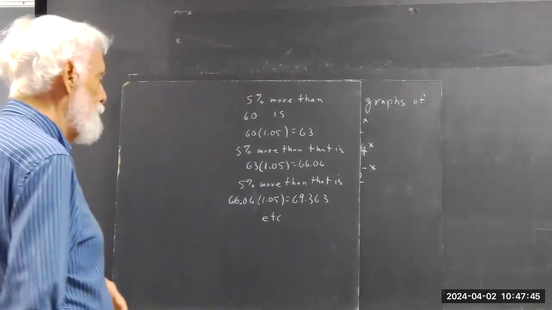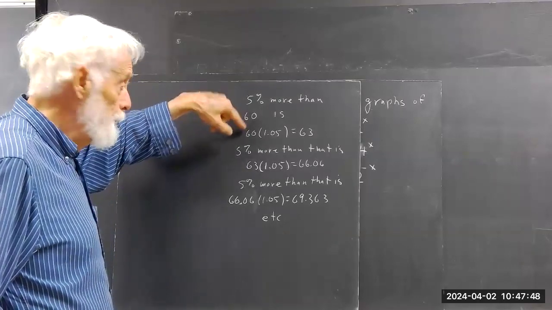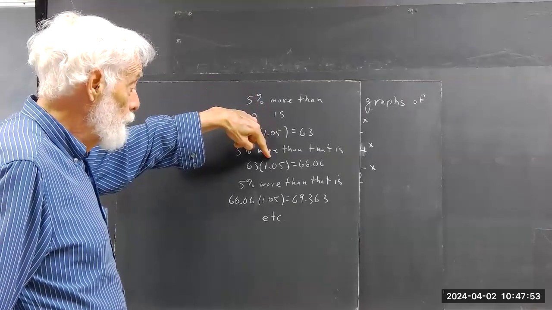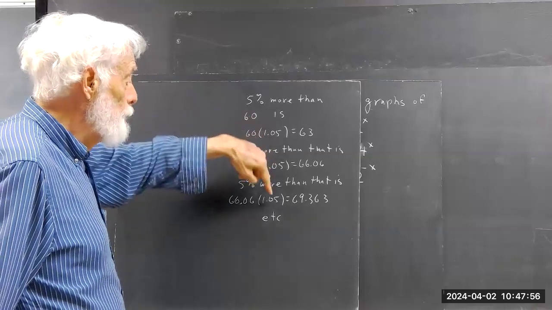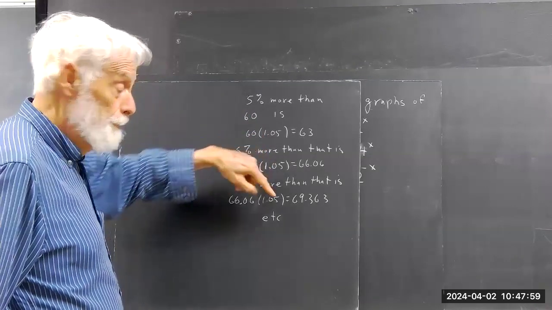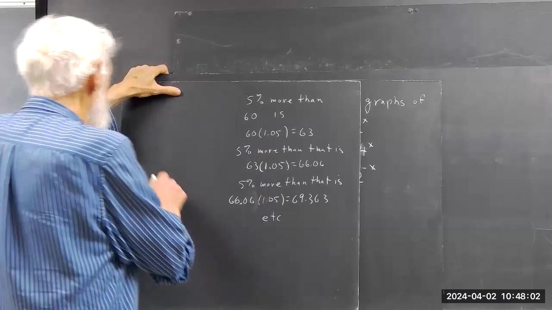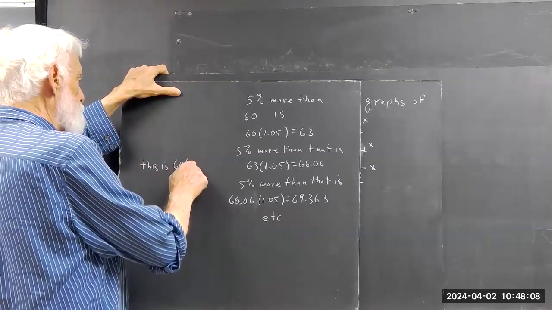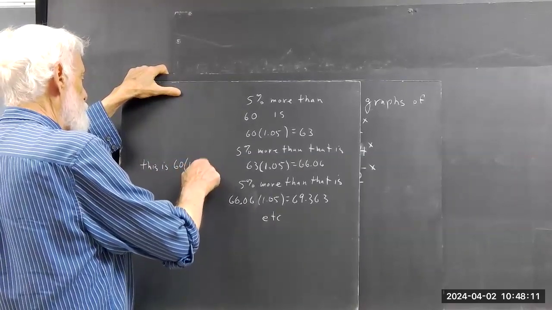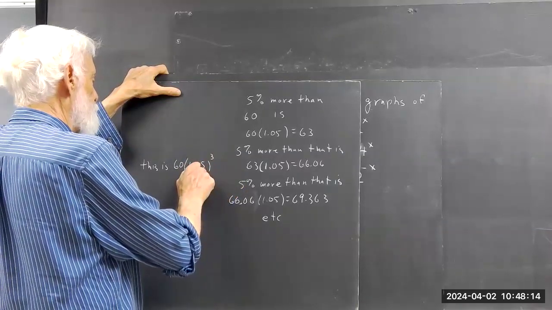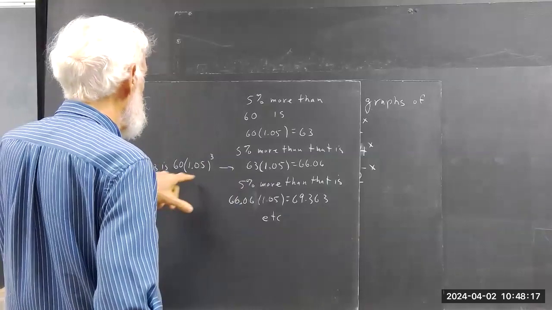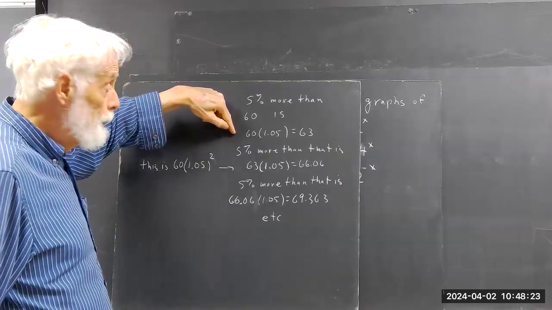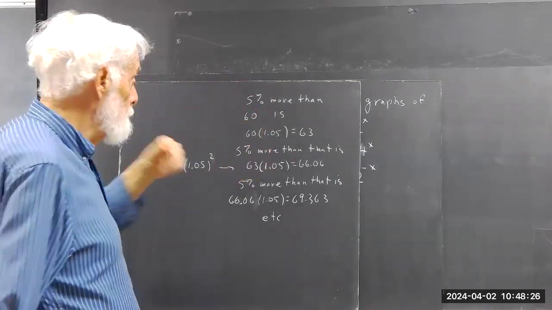Well, at this point, we've taken 60 and multiplied it by 1.05 once, right? And then we multiply by 1.05 again. And we multiply by 1.05 again. Well, because of that, and I'd like to be able to say this in a little more detail, but I will in pre-calculus, this thing here is 60 times 1.05 squared, because we started with 60 and we multiplied by 1.05 and then we multiplied by 1.05 again.